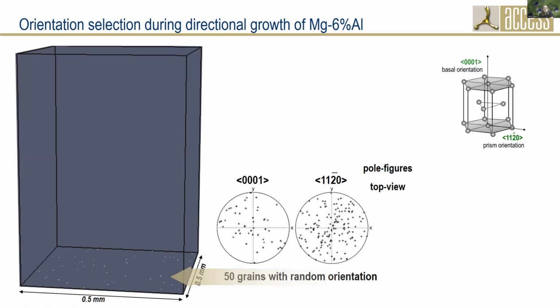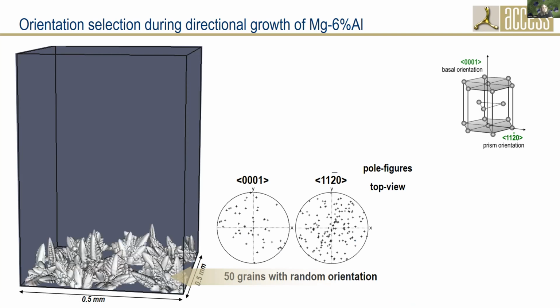Here we have simulated orientation selection during directional growth of a binary magnesium aluminium alloy. We started with 50 grains with random orientations. I should explain the notation: this is a basal orientation, shown in this direction, and we have 6 prism orientations, which are plotted here on the pole figures.